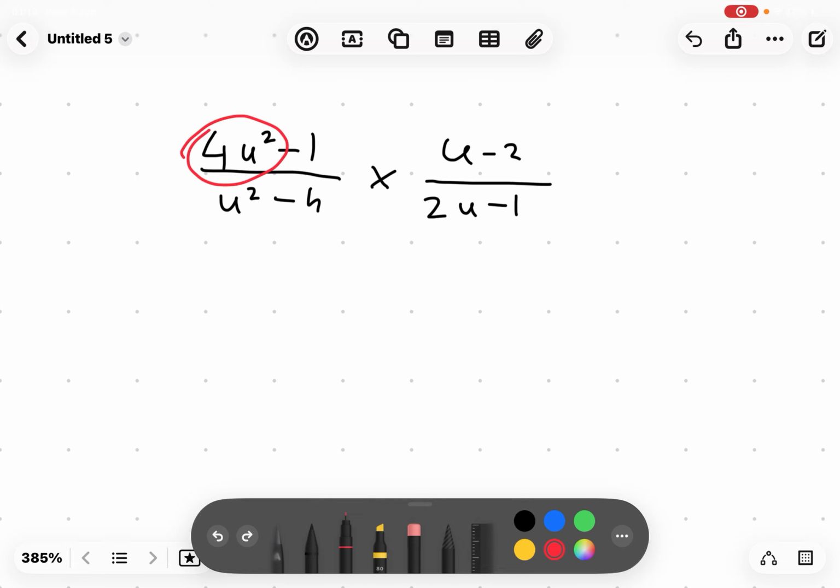So this is the same as 2u squared. Oh wait, let me think if I'm doing this right.